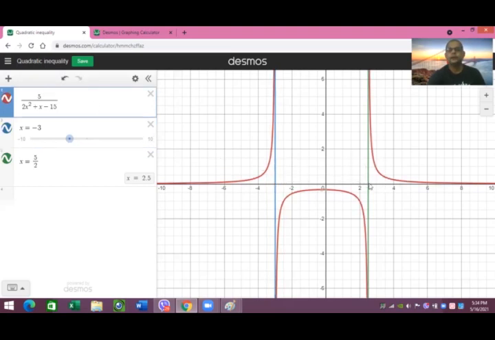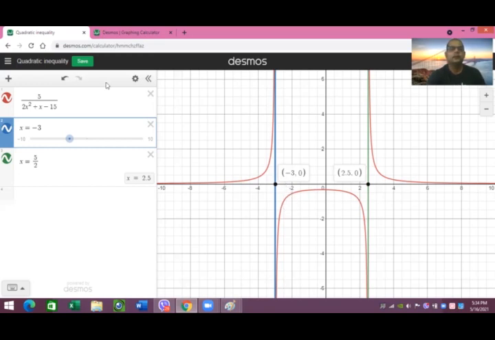Here also you can see that this is the line x equals 2.5. If you go ahead of 2.5, that is x is bigger than 2.5, then part of the curve is above the x-axis. That means y is positive, and hence this function is positive, but we require the function to be negative. So if you check the value of x bigger than -3, then you can see the part of the curve is going down.